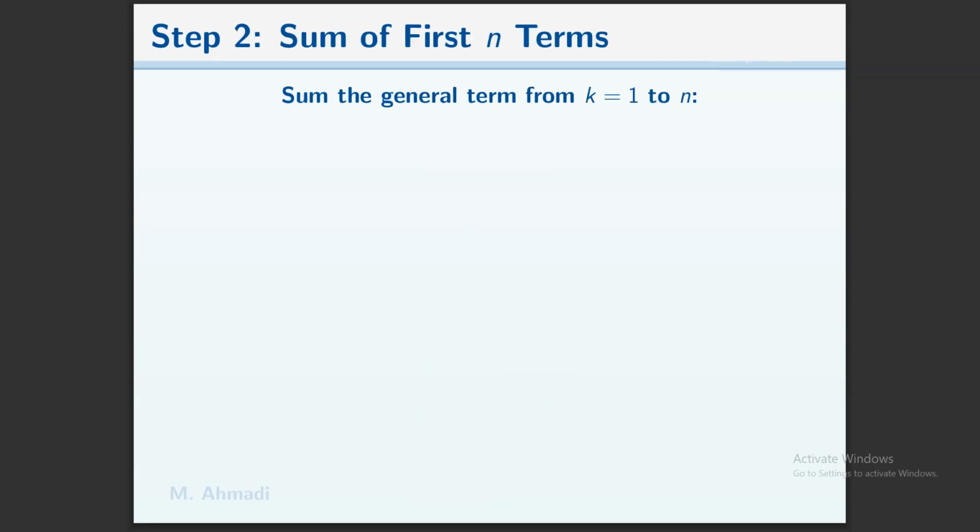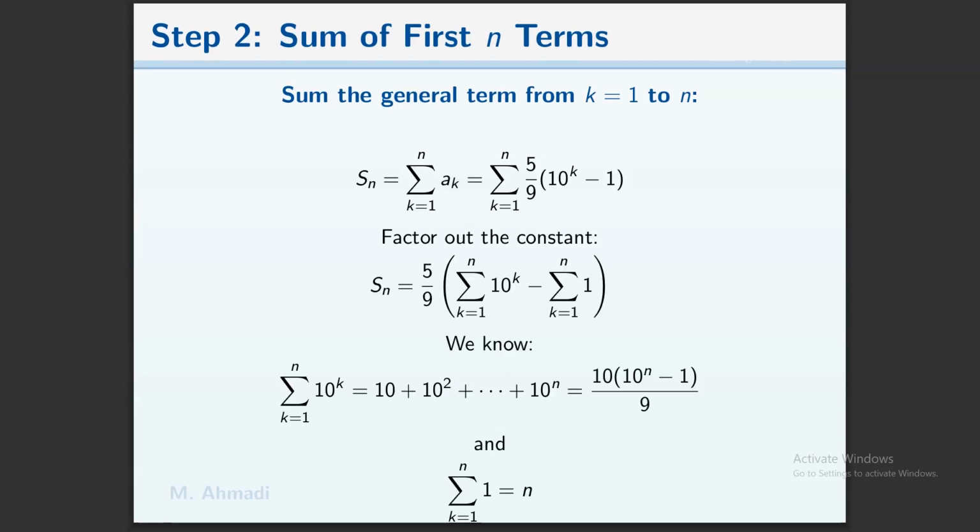Sum the general term for k from 1 to n: Sn equals the sum of a_k from 1 to n, equals the sum from k equals 1 to n of 5 over 9 multiplied by (10^k minus 1). Factor out the constant 5 over 9.